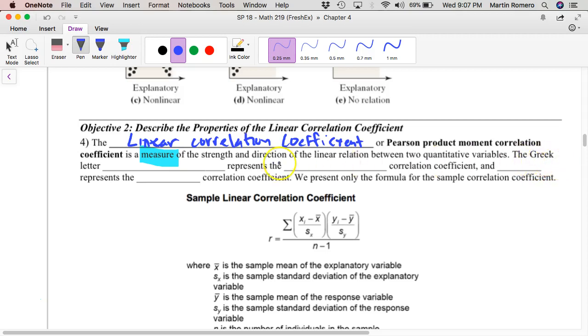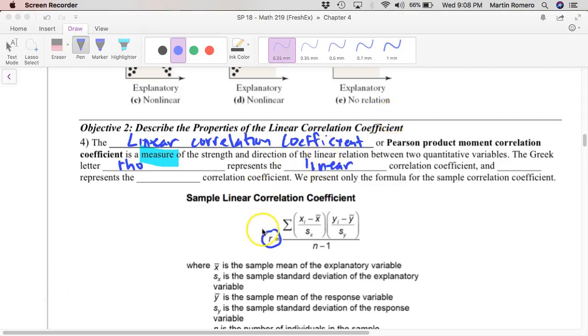We use the Greek letter rho. We're probably not going to say it very often. Let me fix that real quick, I have these backwards.